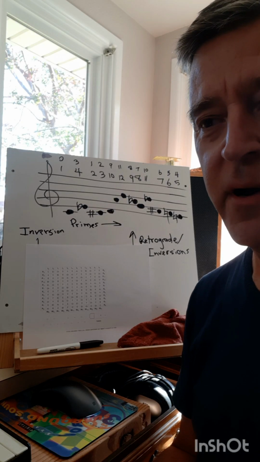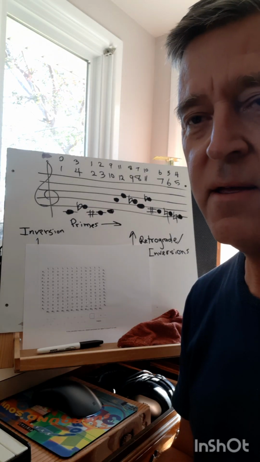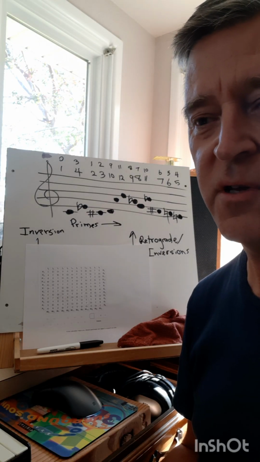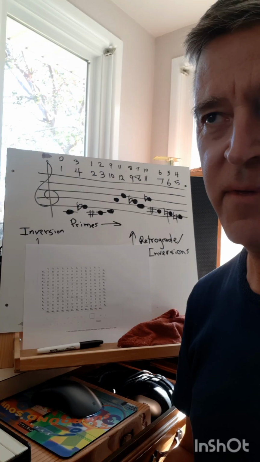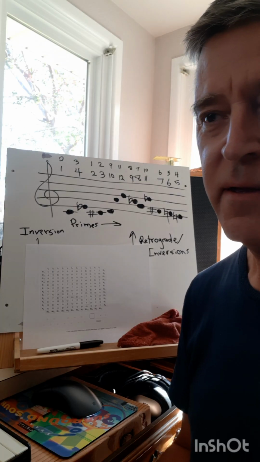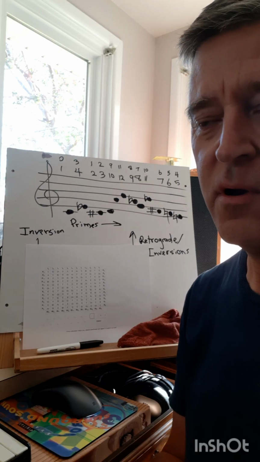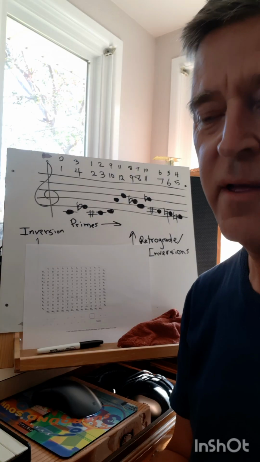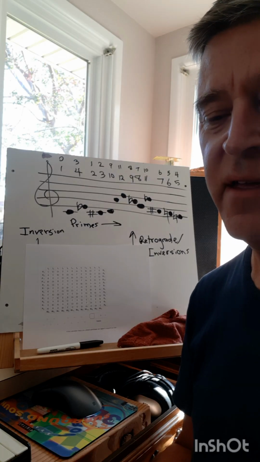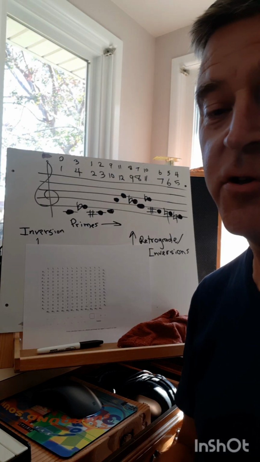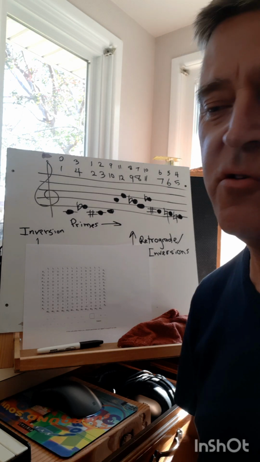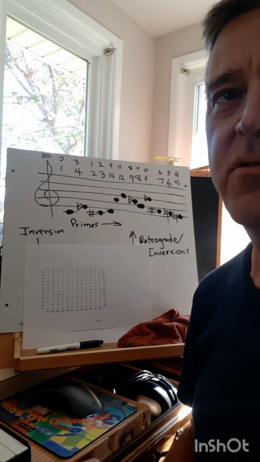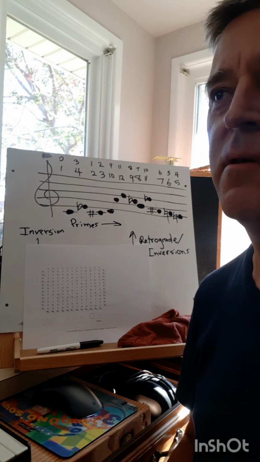But in Schoenberg's idea of a new way of composing, what had evolved historically, taking that same idea, is that you would use all 12 notes, and you could not use a note that hadn't been used already.